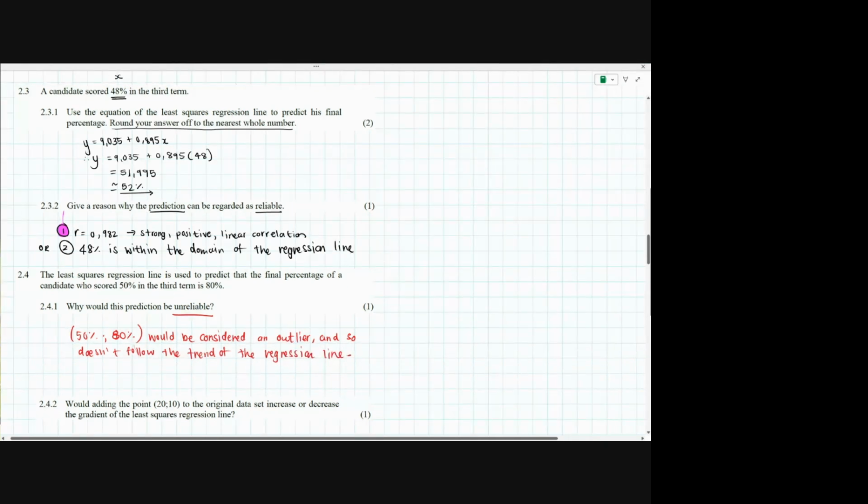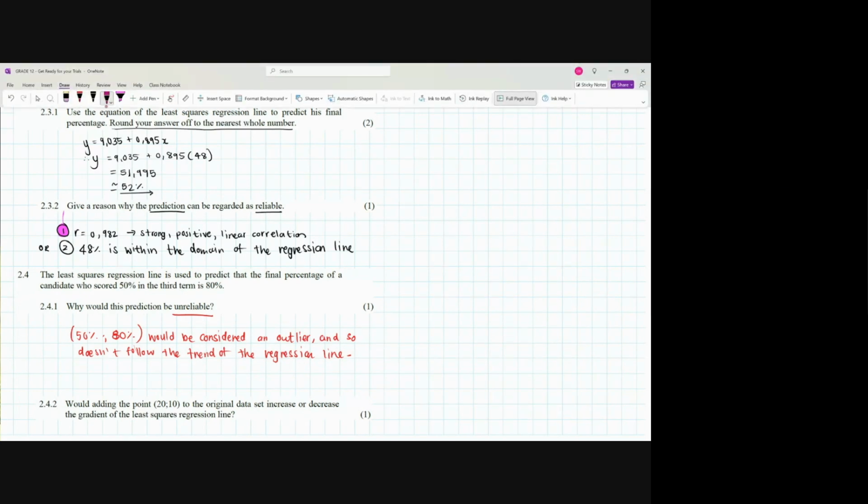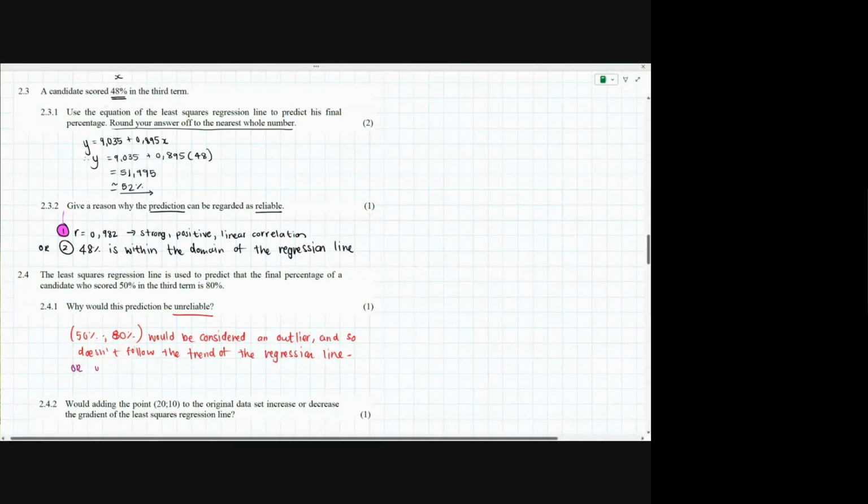Okay, so when it asks you something like this, look at your data set, look at what it means. Obviously, another option would just be to use your least squares regression line. And you could say y equals 9,035 plus 0,895 and substitute in your third term mark. And you would see, I think it gives you 84.